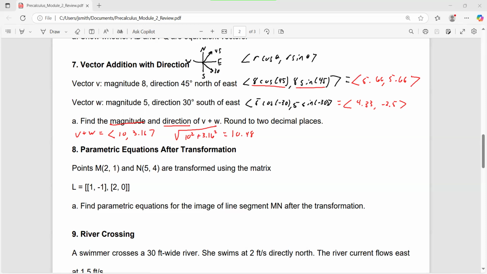All right. So that's the magnitude. Direction, remember, is tan inverse of B over A. So in this case, this would be tan inverse of 3.16 over 10, whatever that is. They got 10.48. So the square root of 10 squared plus 3.16 squared. Trig button, I think it's next to the equal sign.